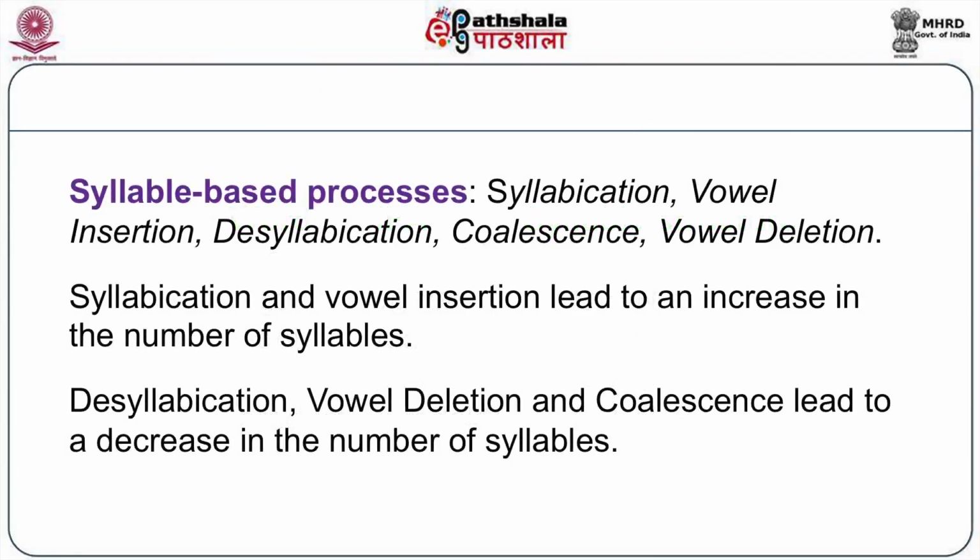Syllabification is the process whereby segments are gathered together into syllables. There are general, universal criteria of syllabification. For example, the first consonant goes with the following vowel, the last consonant goes with the preceding vowel. Between two vowels, a consonant goes with the following vowel.